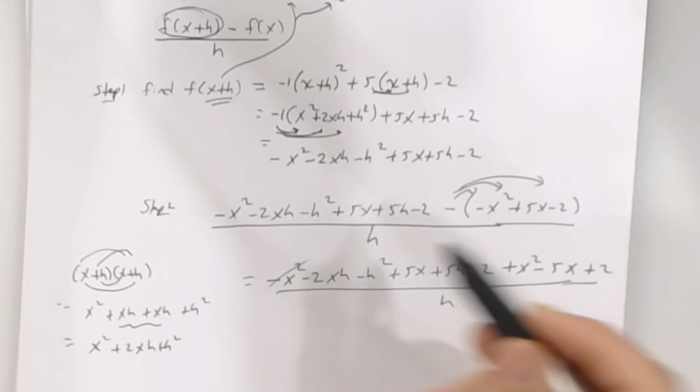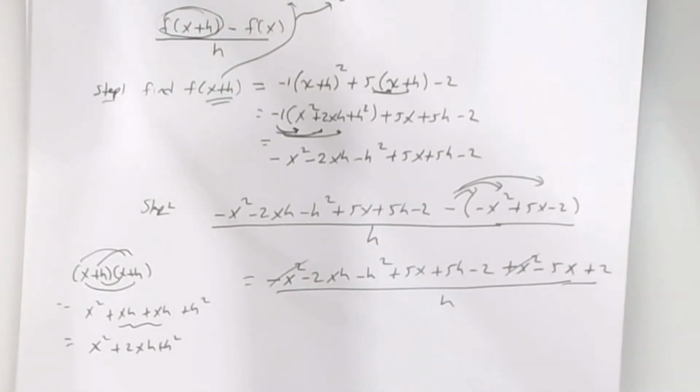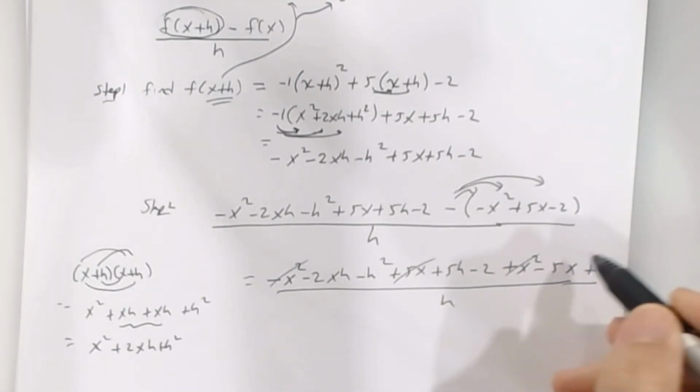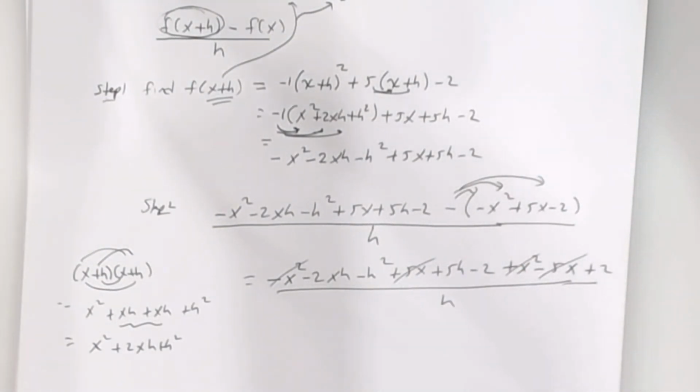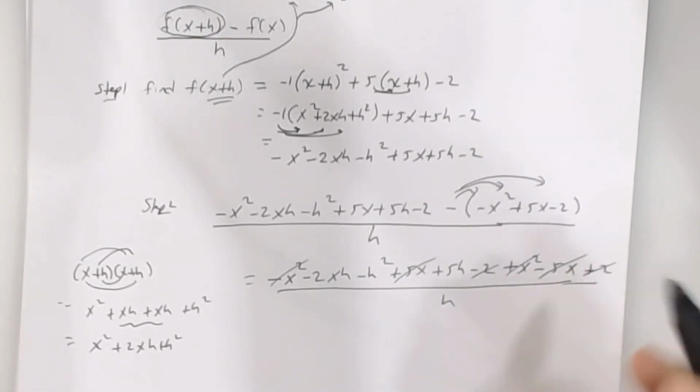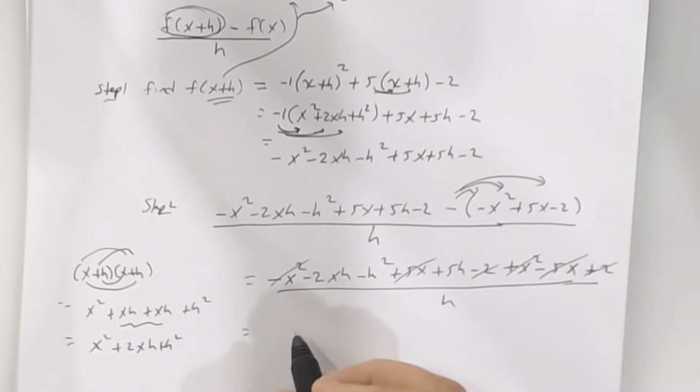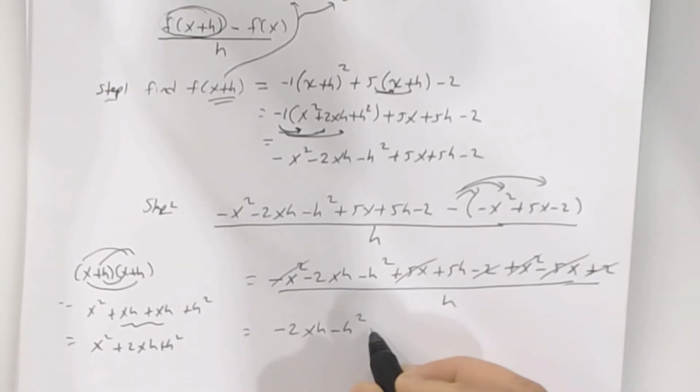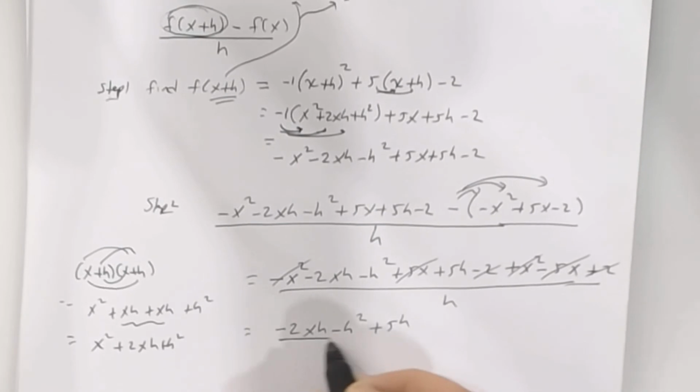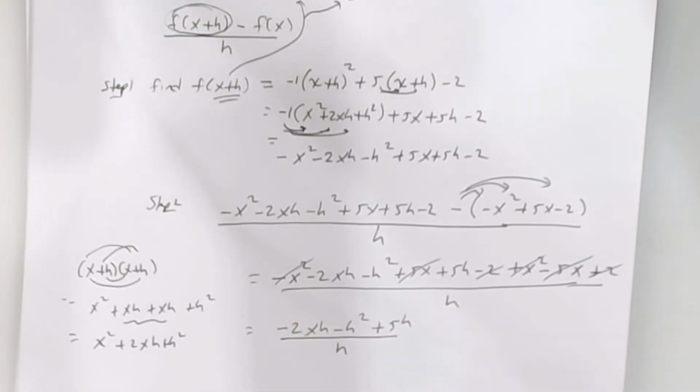So negative x squared, there should be a positive x squared, so that's 0. 5x, there should be a negative 5x, and there is. A negative 2 and a positive 2. So every term that's left has that factor of h.